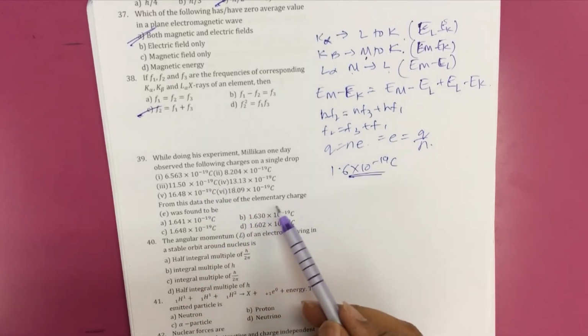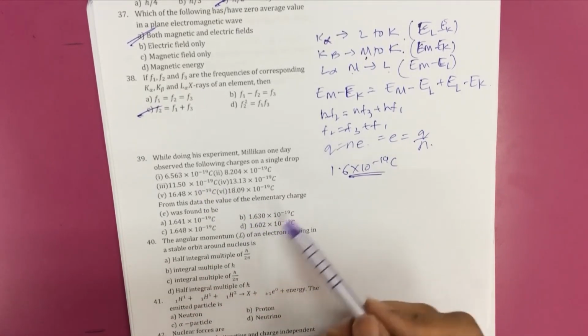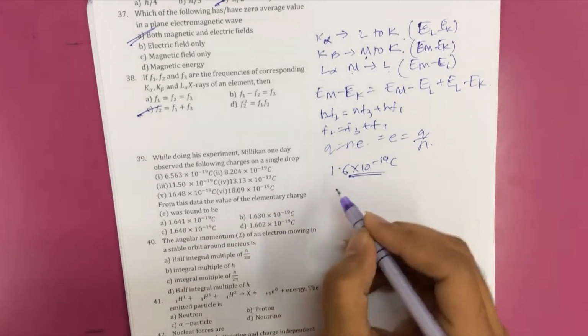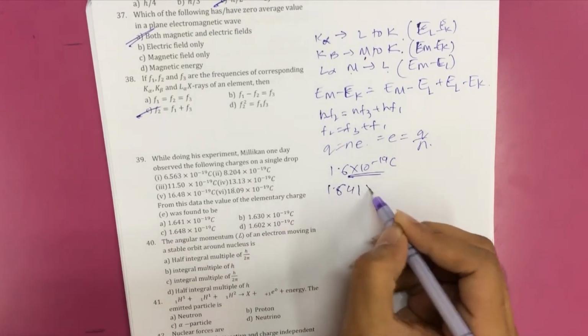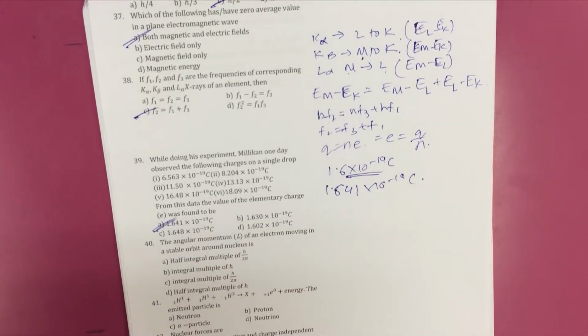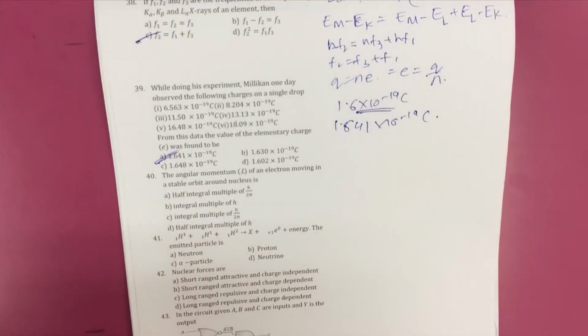That common multiple would be 1.6 multiplied by 10 raised to minus 19 coulomb. You don't even need to solve this question because you already know the value of the elementary charge. The only thing is the exact value of an elementary charge is 1.641 multiplied by 10 raised to minus 19 coulomb. Remember this value, that will be your direct answer.